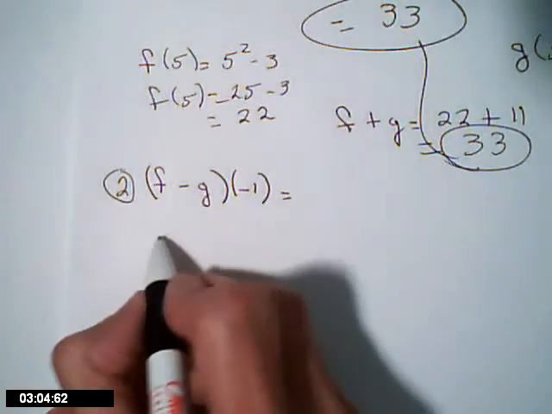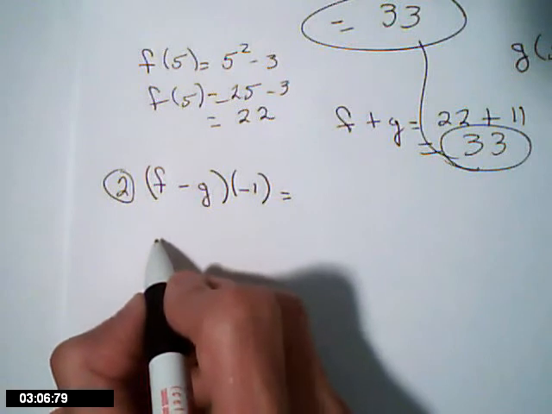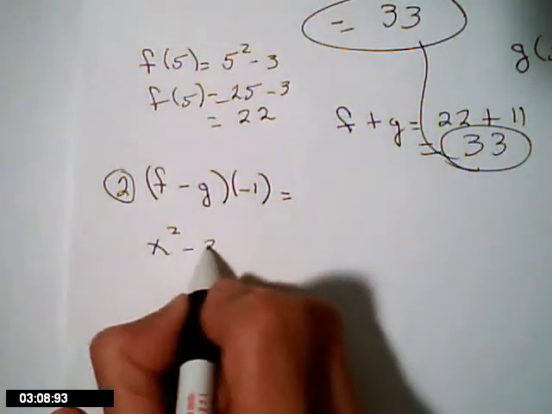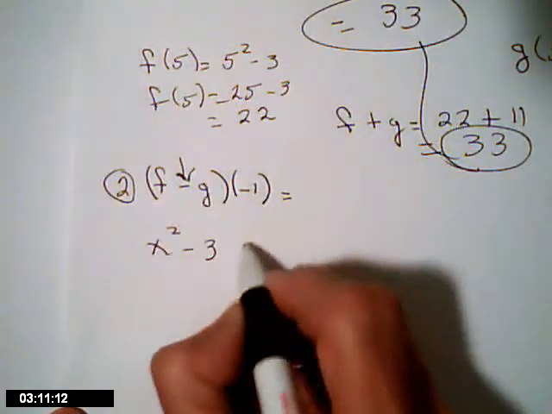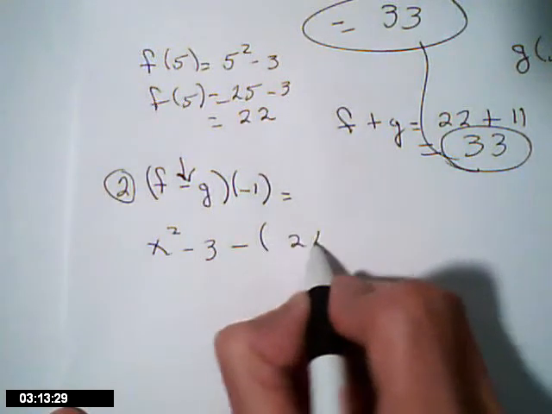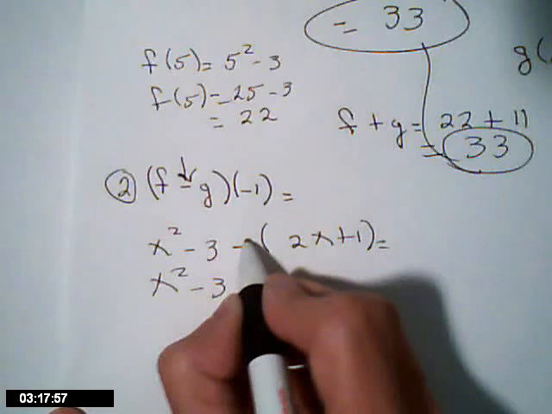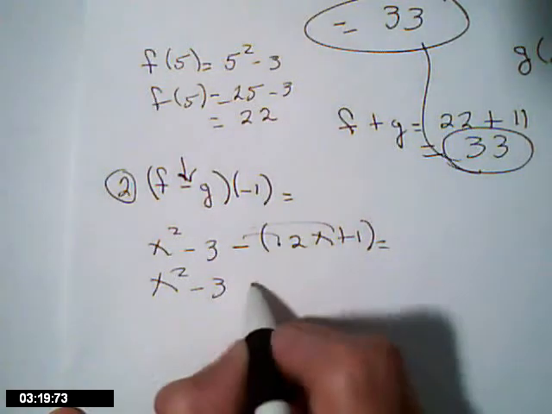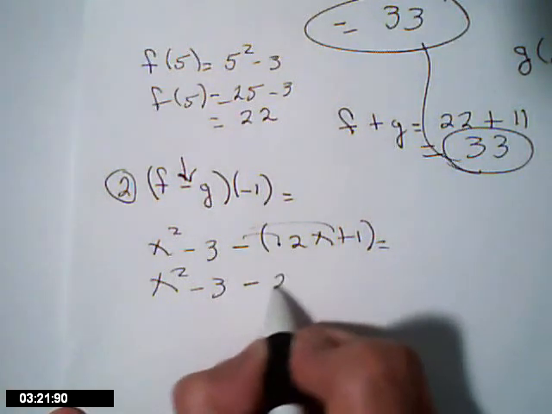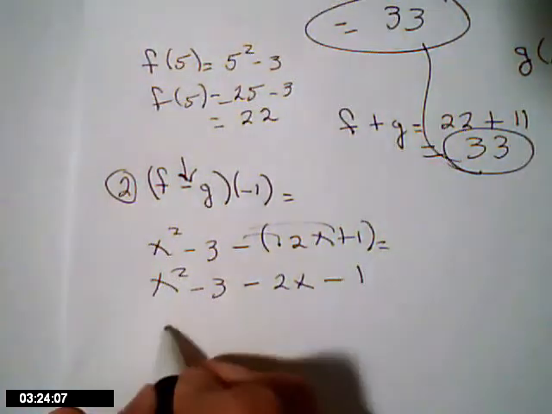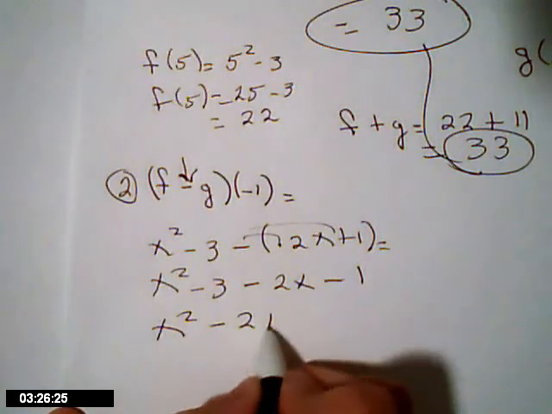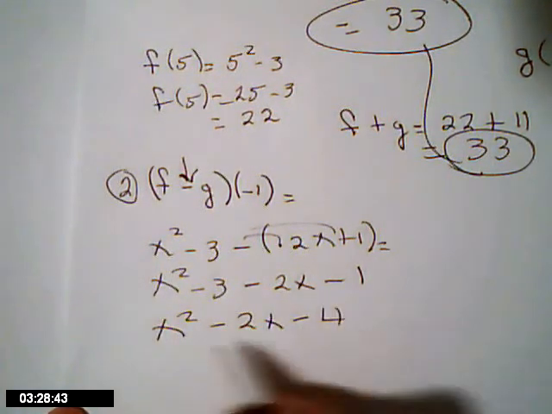Looking at the second one, we'll take our function f, which is x squared minus 3, and be very careful here. We're going to subtract 2x plus 1. Now remember, when you subtract, that means we're going to change both of these signs. So that will be negative 2x, negative 1, or x squared minus 2x minus 4.